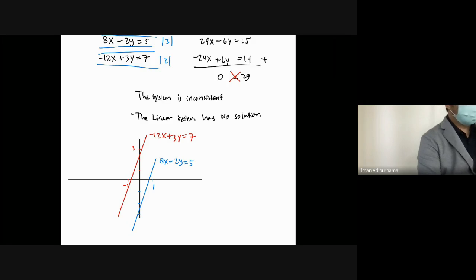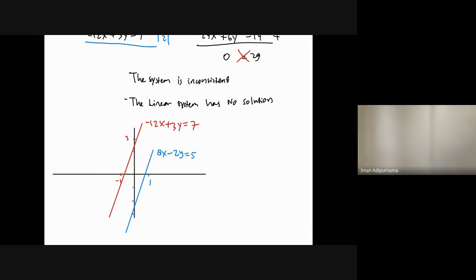If you look at the graph, okay, when you have no solutions, there will be no intersection between the graphs. There will be no solutions, and we can say the linear system has no solution. Okay, and we can also say the system is inconsistent.